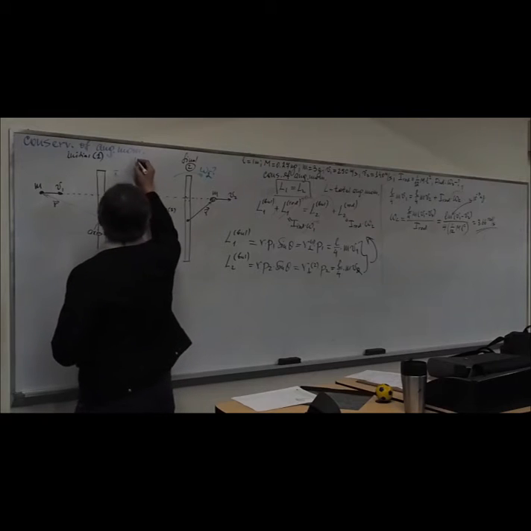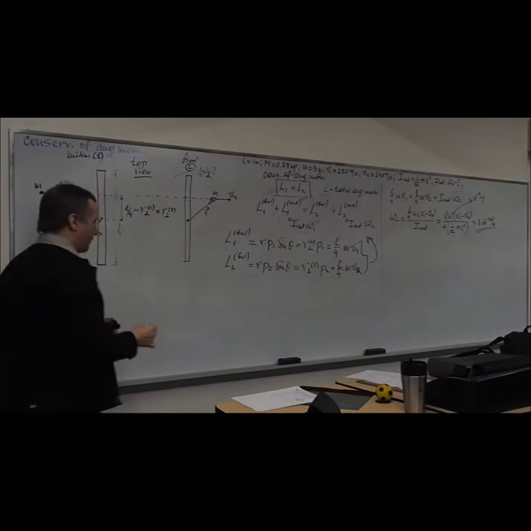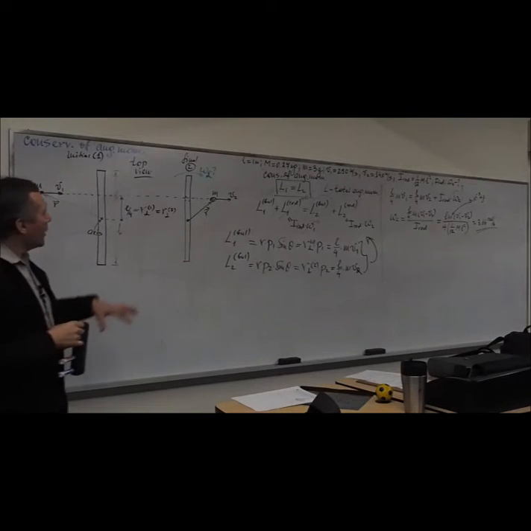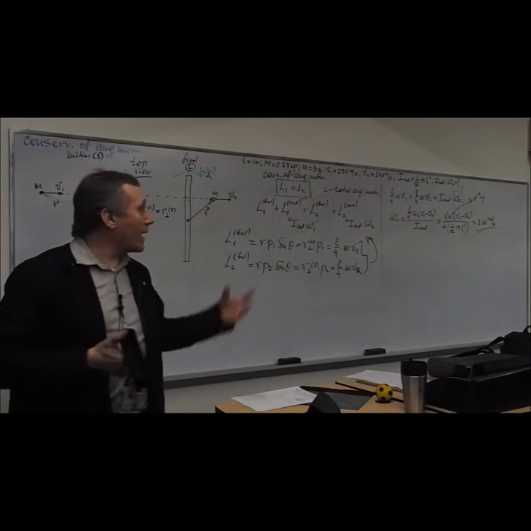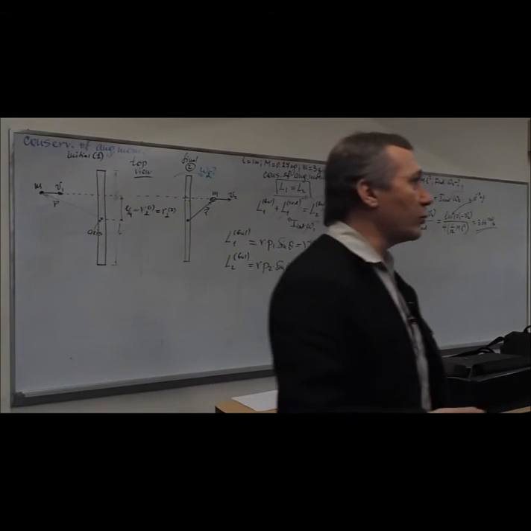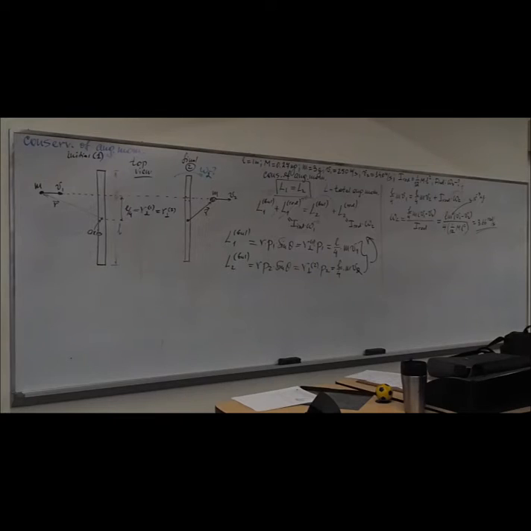Probably I should have said it's a top view. Let's say it's a top view on the situation. Now, can you tell me what's the direction of omega? We calculated the magnitude of omega, angular velocity, but what is the direction? Absolutely, it's clockwise.